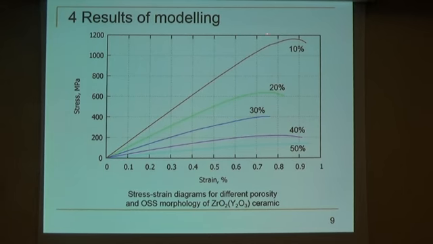You can see that the approach which I described in the mathematical formulation allows us to describe not only elastic behavior, but also the descending part of this stress-strain curve, which is connected with damage accumulation and its influence on strength.